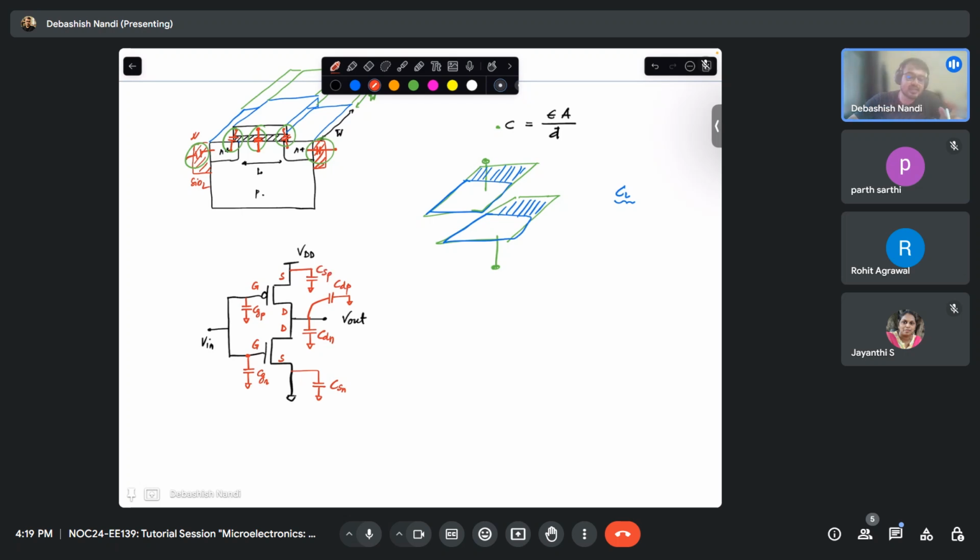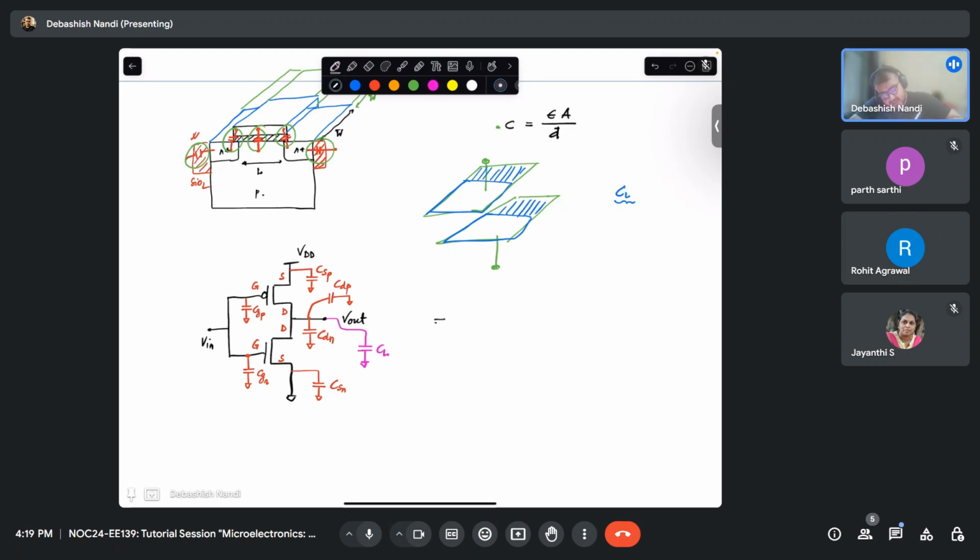So these capacitances will also start to increase in addition to whatever you had as your CL. So you see your delay is not only determined by your CL but also by these additional parasitic capacitances.